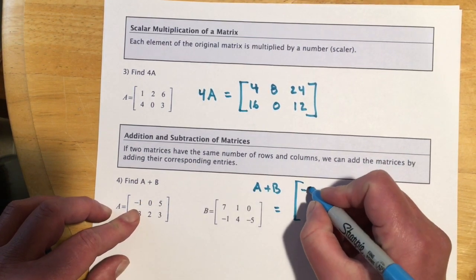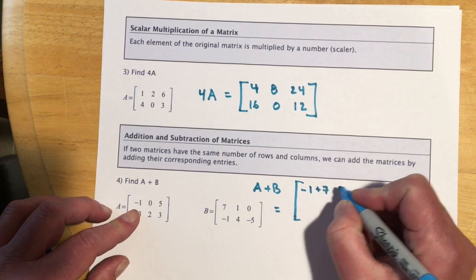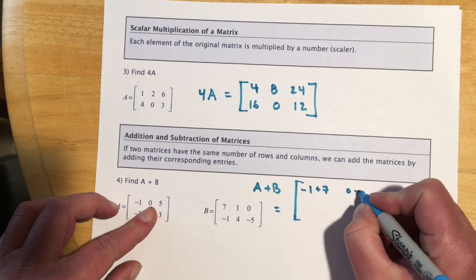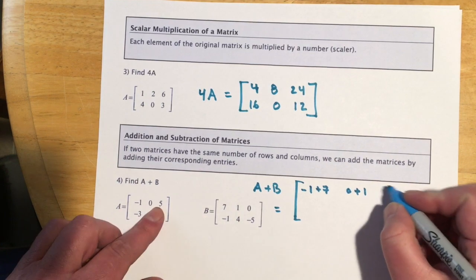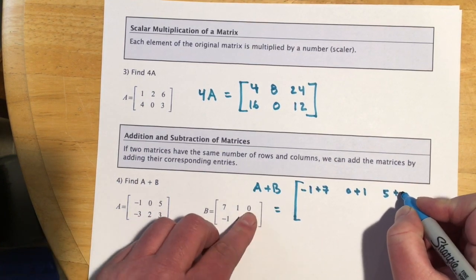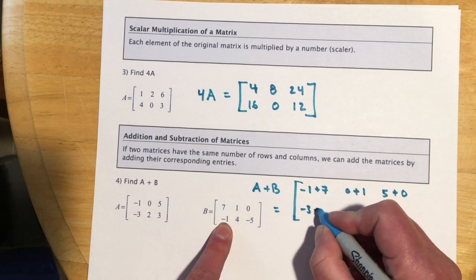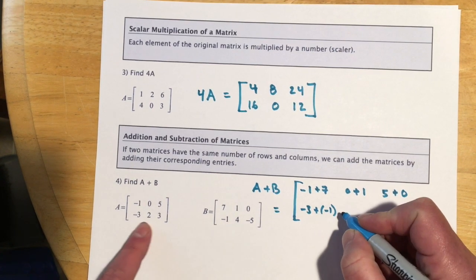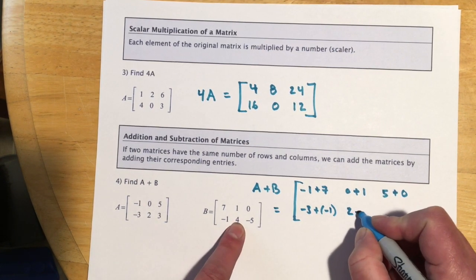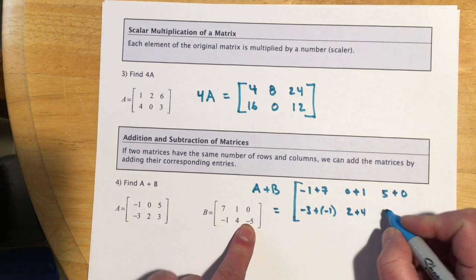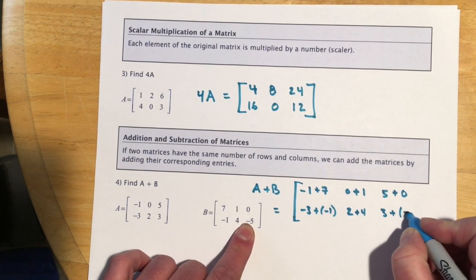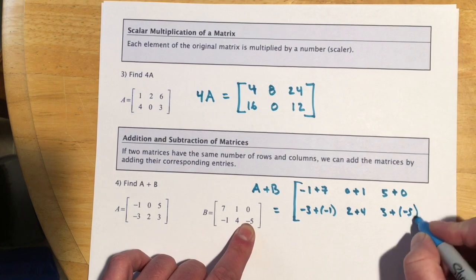We'll see -1 plus 7, and then 0 plus 1, and 5 plus 0, -3 plus -1, 2 plus 4, and 3 plus -5. Yeah, I'll try not to write that out every time.